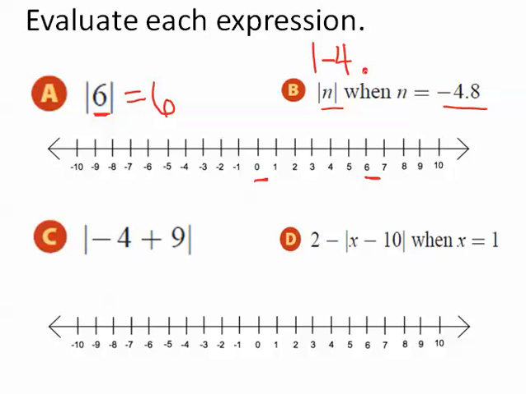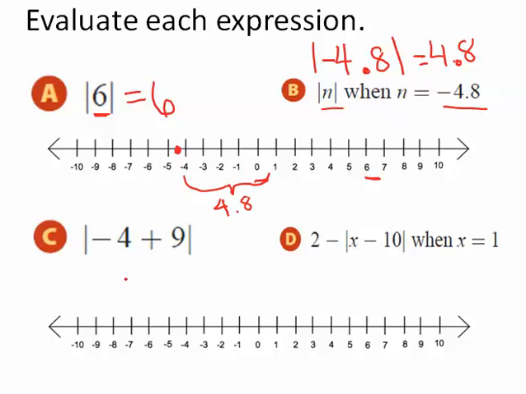So how many units is -4.8 from 0? Which is about here somewhere. It's 4.8 units away. So this is still positive because it is a distance.